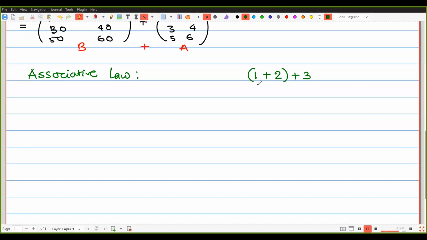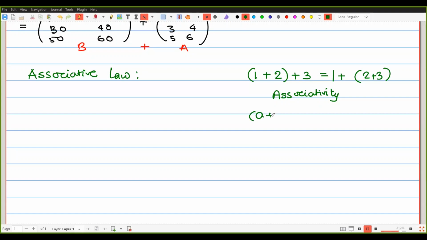That means at first we add 1 and 2, then we add 3. That gives the same result if we add 2 and 3 at first, then add 1. That type of operation, plus, follows associativity.